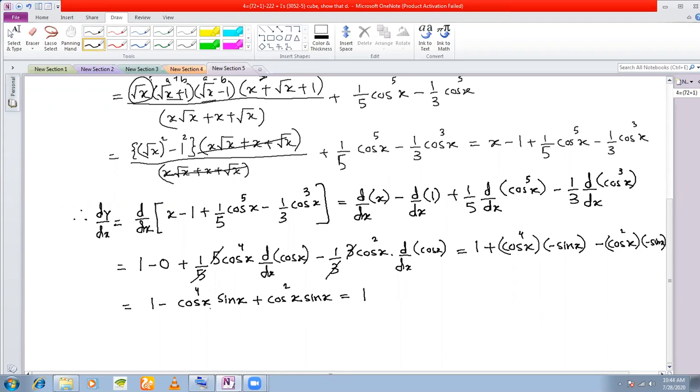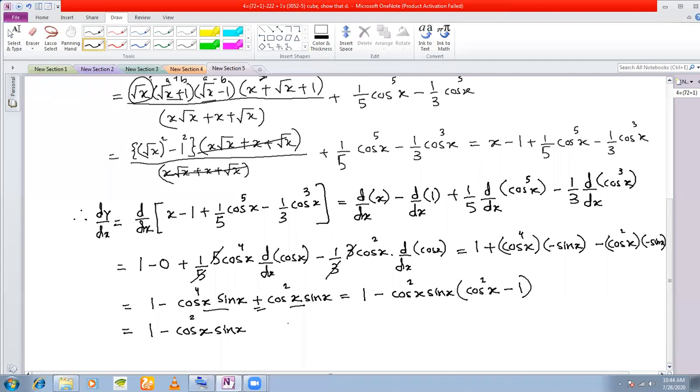Now from these two, what can you take common? You can take cos square x sin x common. And what are you left with? Here you are only left with cos square x. Okay, and since you are introducing brackets, you have a plus sign here, so this will change to a minus sign. So 1 minus cos square x sin x.